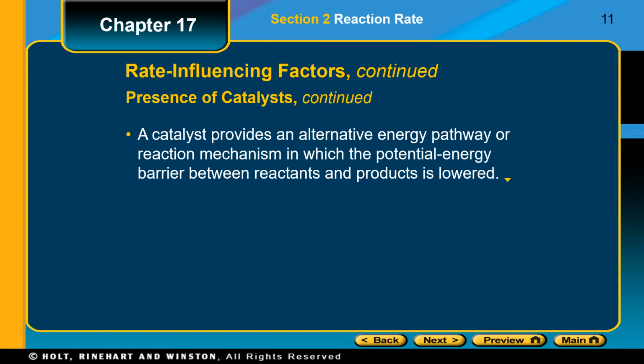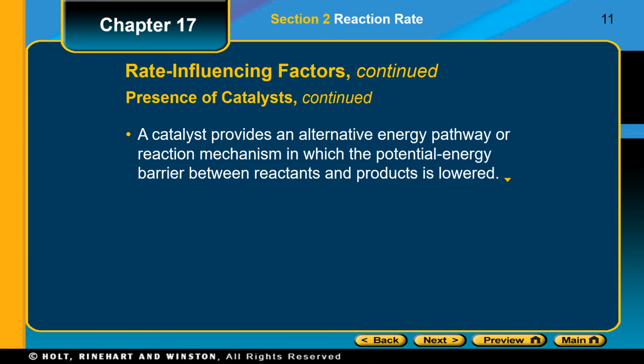But if you bring a catalyst into the reaction, it may provide an alternate energy pathway or reaction mechanism. In other words, a different kind of complex formed. And this potential energy barrier between the reactants and products is going to be lowered.